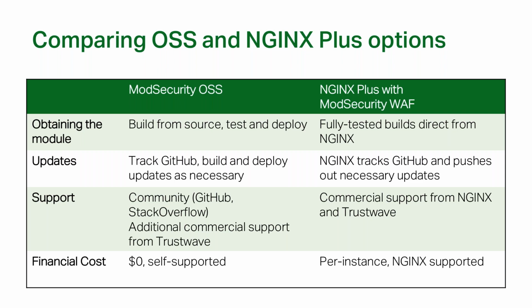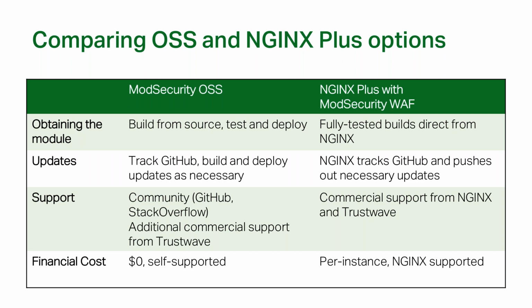We partner with Trustwave to provide commercial support. The NGINX team provide commercial support around the deployment of ModSecurity with NGINX Plus and the basic configuration, setting ModSecurity up to use the OWASP CRS core rule set or to use Trustwave's commercial rule set.